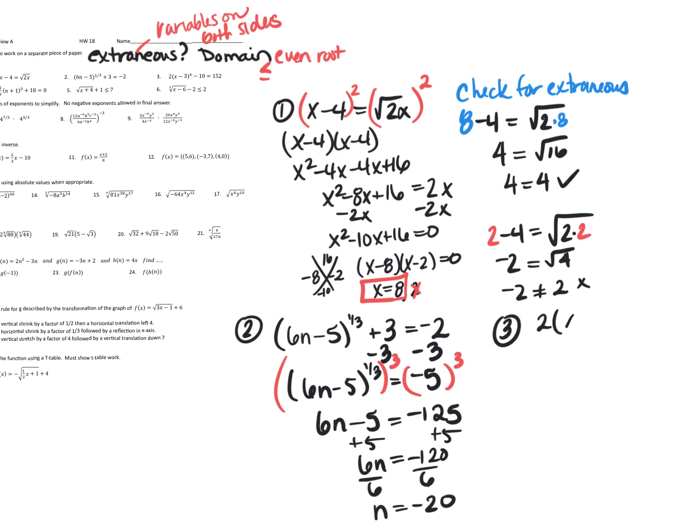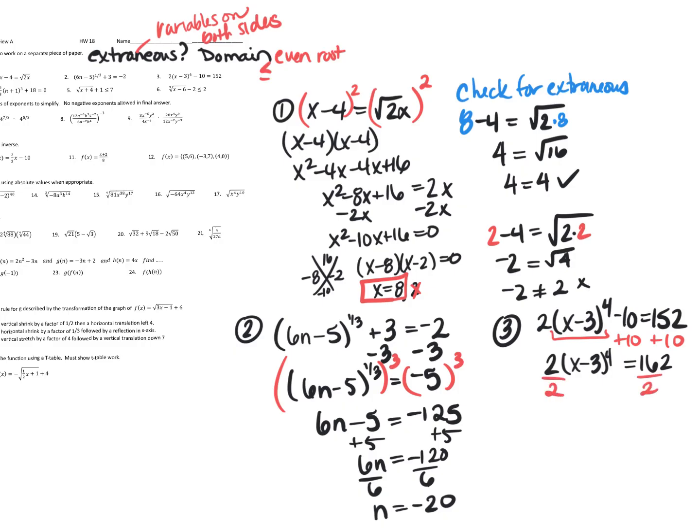Number 3. 2 times (x minus 3) to the 4th minus 10 equals 152. So we're going to solve this first by getting that term by itself. So plus the 10. 2 times (x minus 3) to the 4th equals 162.